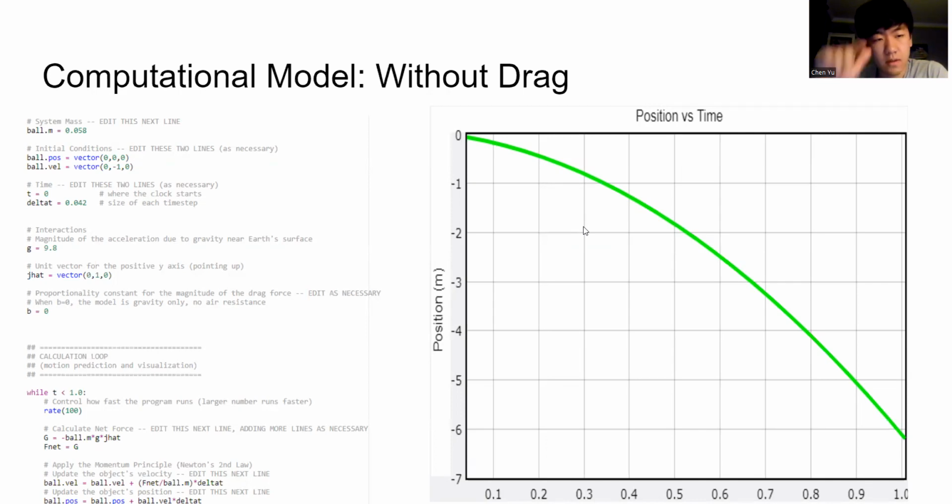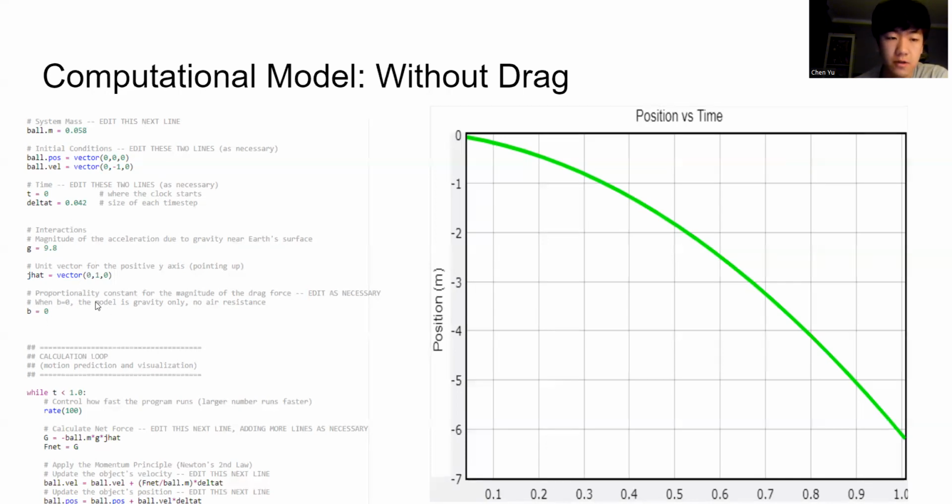So in this computational model, the code, change the mass to match the mass of the demonstration that I did, which in my case was an AirPod case, which was 0.058 kilograms. My delta T, I adjusted it to match the one in Tracker.